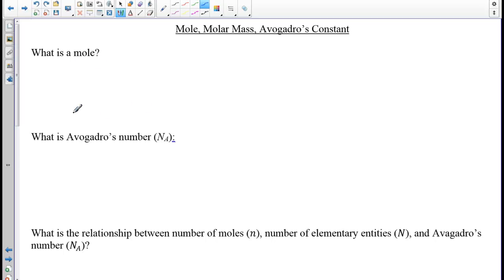So what is a mole? Just conceptually, if they ask you for the definition of a mole, what I'm about to write would not be correct. It's not the definition. It's just how we think of it conceptually.